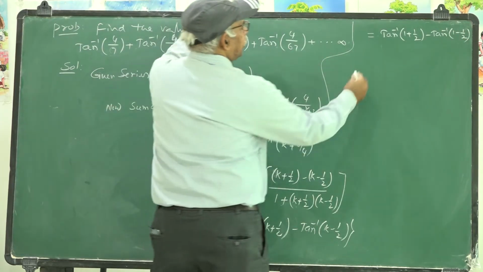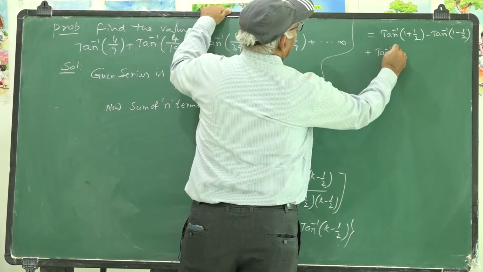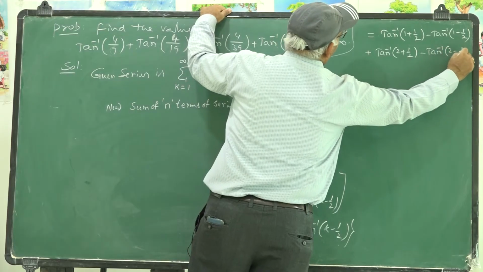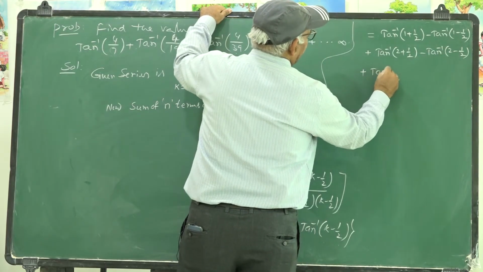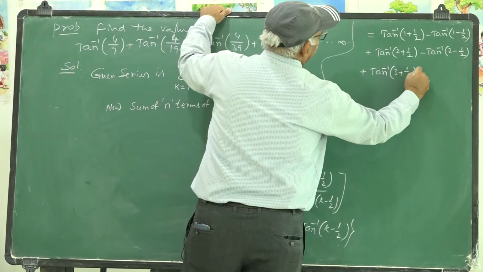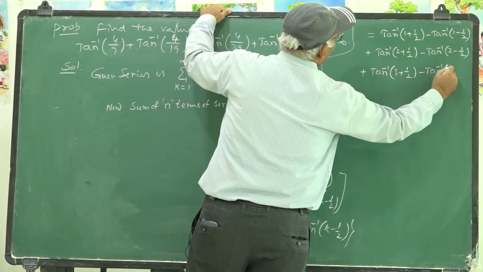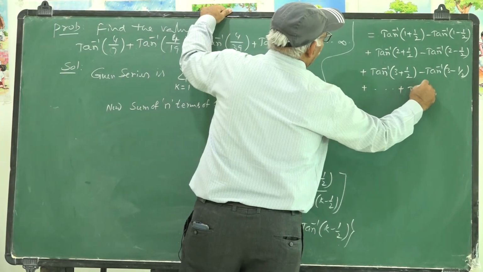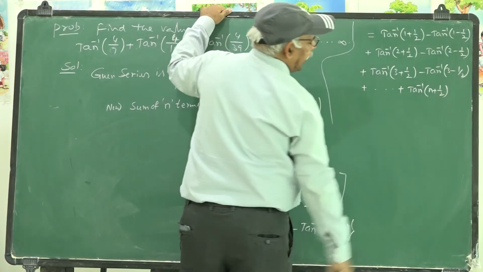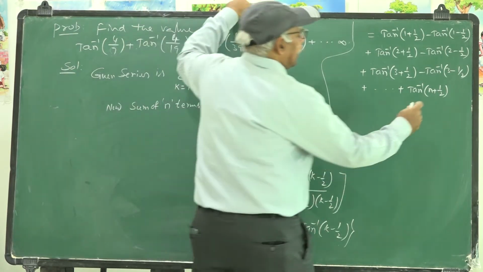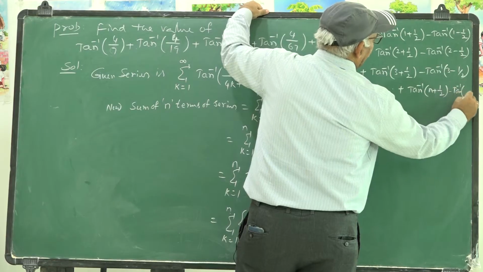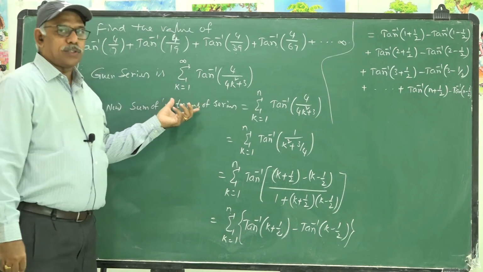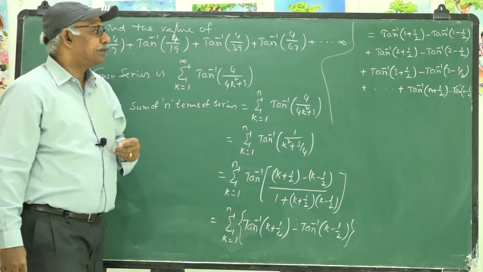For k equal to 2, we get tan inverse of 2 plus 1 by 2 minus tan inverse of 2 minus 1 by 2. Similarly, for 3, tan inverse of 3 plus 1 by 2 minus tan inverse of 3 minus 1 by 2, and so on until k equal to n, we get tan inverse of n plus 1 by 2 minus tan inverse of n minus 1 by 2. This is the sum of the first n terms of the given series.